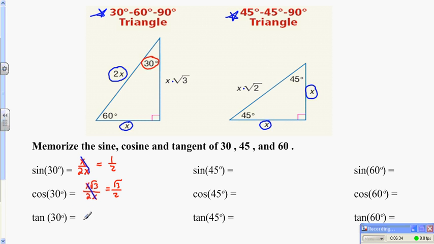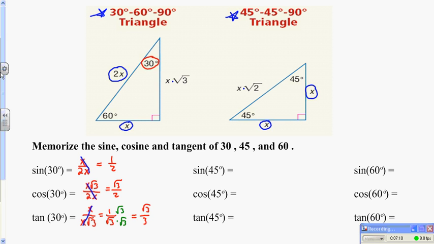Tangent of 30 is opposite over adjacent, and that also reduces. The problem with that one, however, is that 1 over root 3 is not simplified. We actually have to rationalize this because we can't have a root in the denominator. And that will give us root 3 over 3.